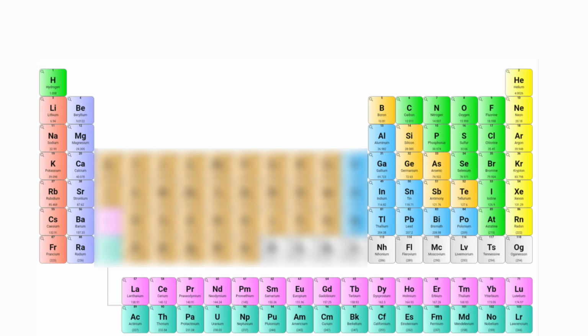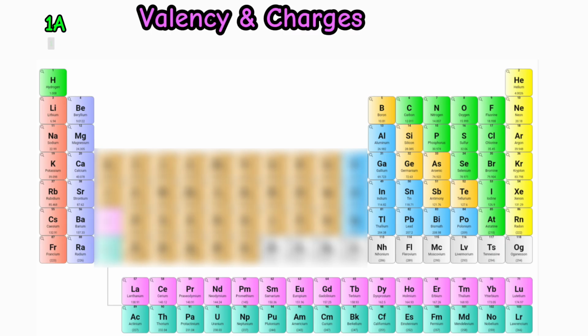The valency of each element in group 1A is 1. The valency of each element in group 2A is 2. The valency of each element in group 3A is 3. They form positive charges because they tend to lose electrons.